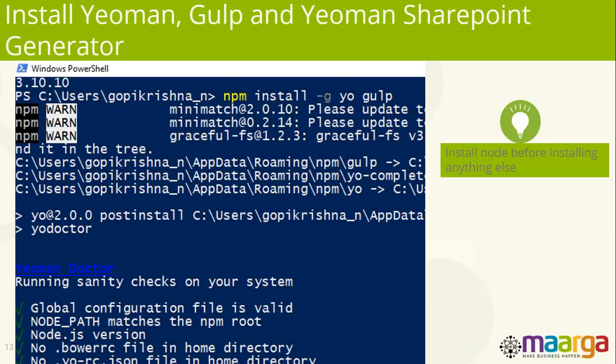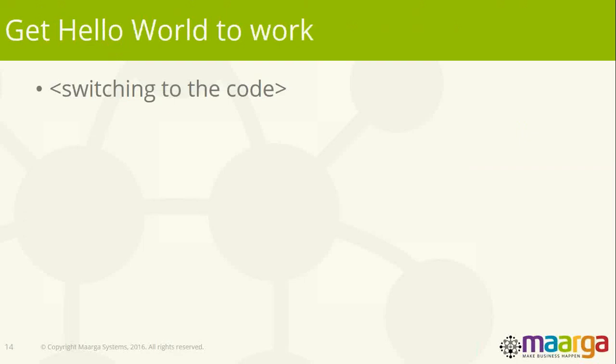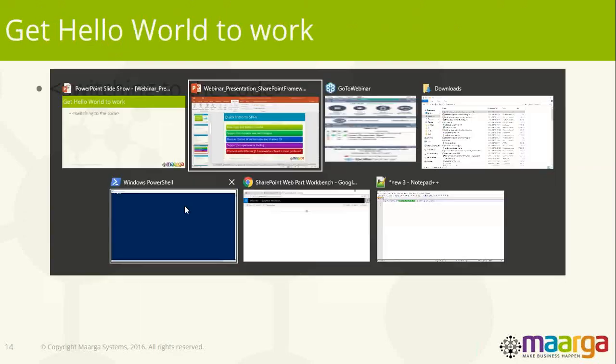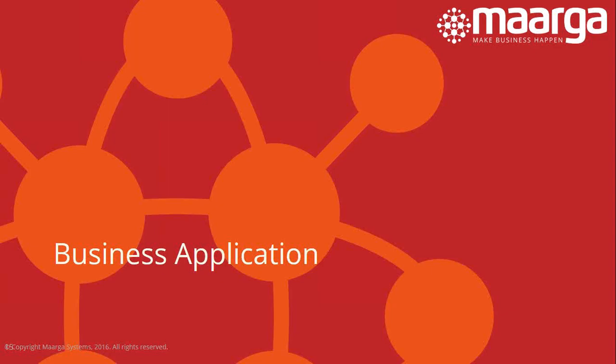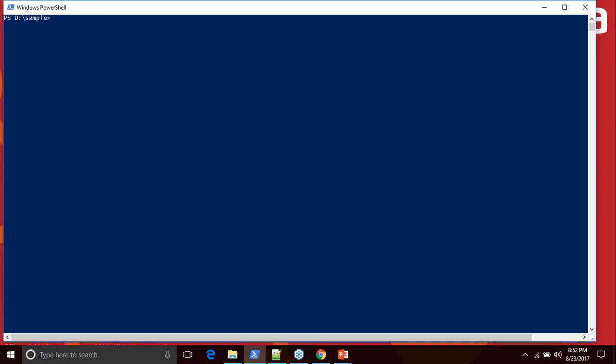Once these templates have been installed, the next screen I'm going to show you is the PowerShell, where we would see how the structure is organized at the folder level.